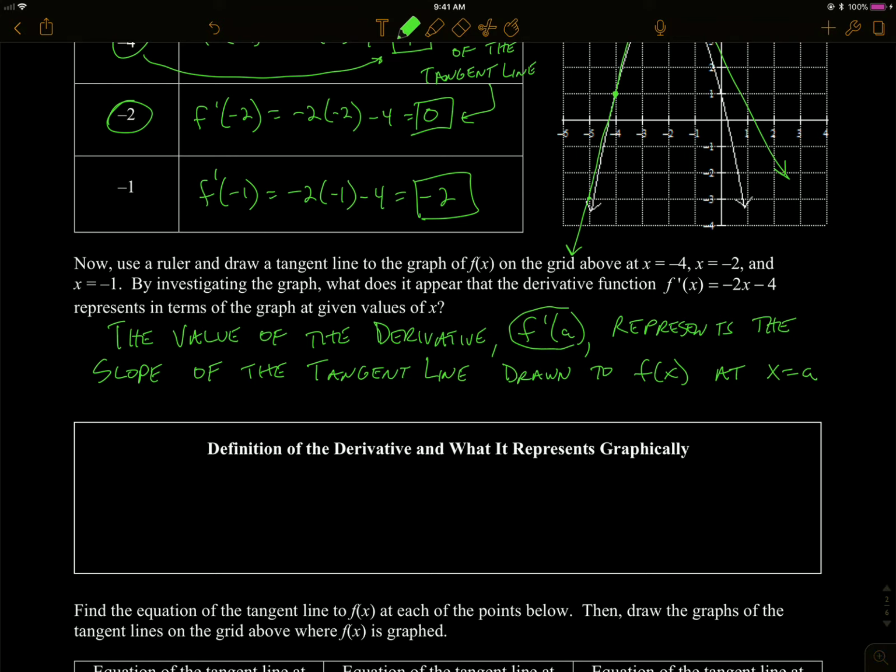We call this evaluating the derivative. You have the derivative and you're plugging in an x value to find the actual value at a specific point. When you plug an x value into a function, we say you're evaluating the function. So when you plug an x value into the derivative, we say you're evaluating the derivative.